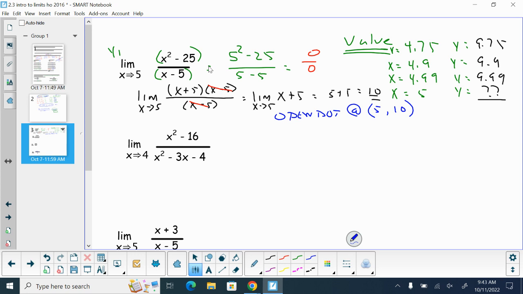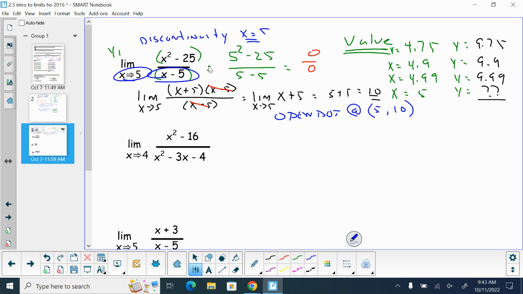You get an open dot there because you get a blinking spider for each one of these, but when you get to this point, it gives you nothing. So if there's nothing there, you have an open dot. Well, if we take a look, we have a discontinuity at x equals 5.